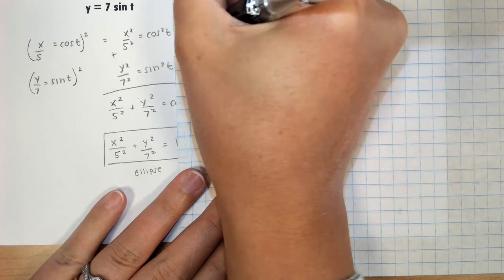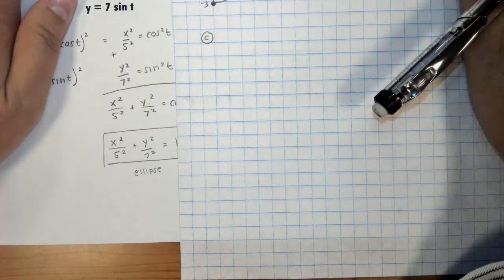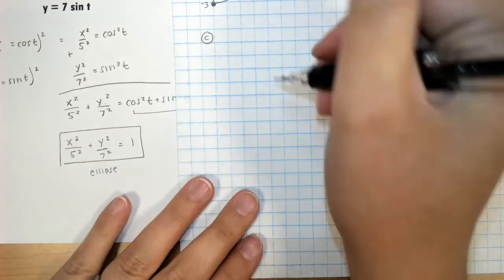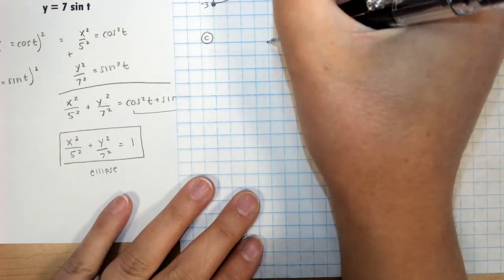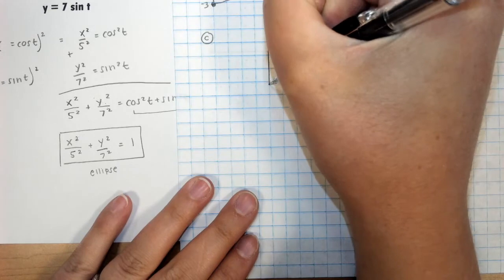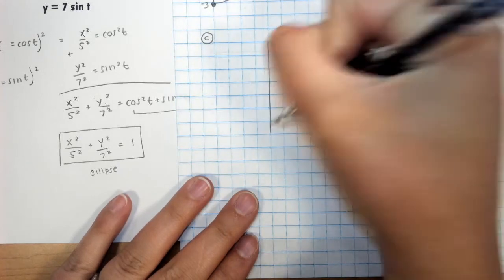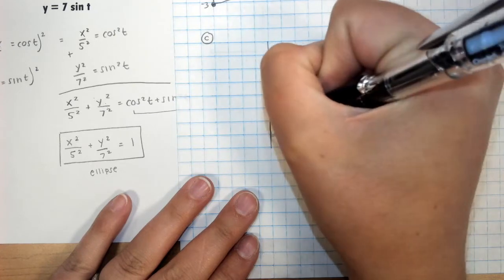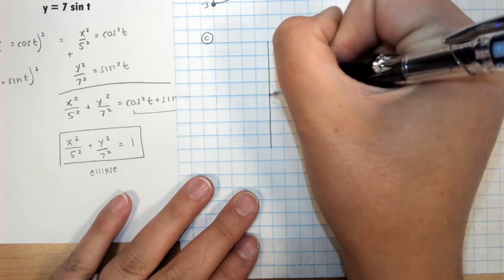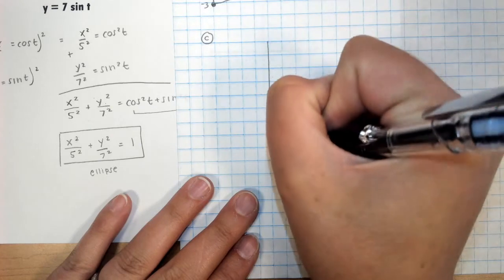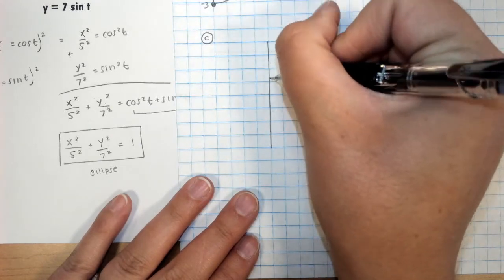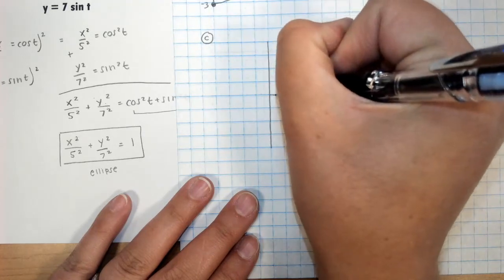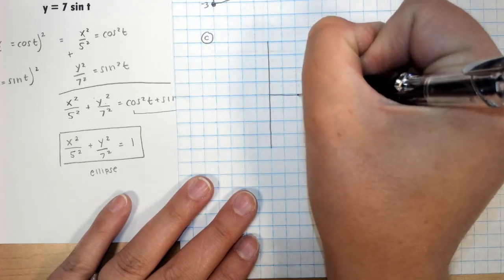Okay, example C. Graphing this equation. Okay, center 0, 0, I will probably scale by 2. So 2, 4, 6, 8, 10, 12, 14. And then I gotta go down. 2, 4, 6, good enough.